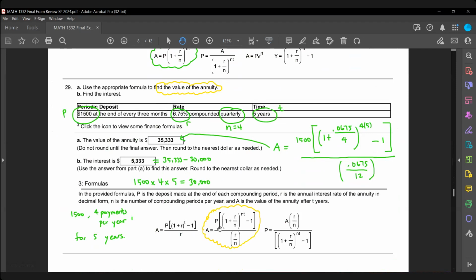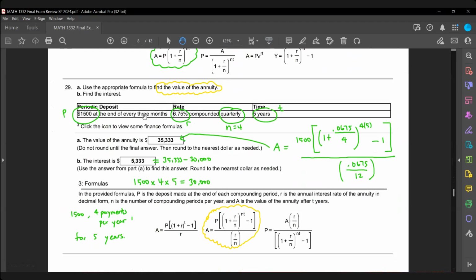It is compounded quarterly, so that equals 4. 6.75% is the interest rate. Time is 5 years. There is a periodic payment of 1,500. If you make payments every 3 months, you're going to end up making 4 payments in a year.